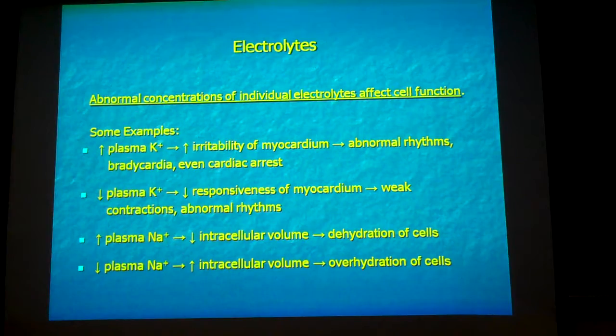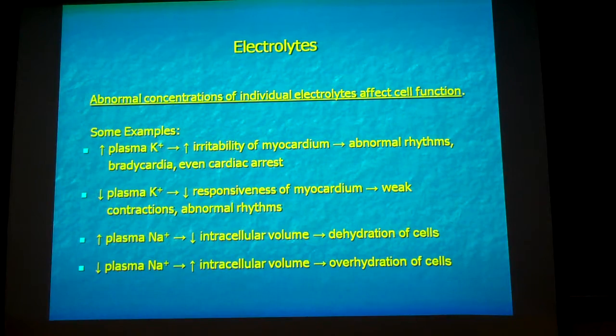Is that when they do open heart surgery, don't they actually pour potassium into the heart to stop it? I don't know whether they do or not. But this is why you never give potassium IV push. If somebody has a low potassium, you supplement it in a drip.